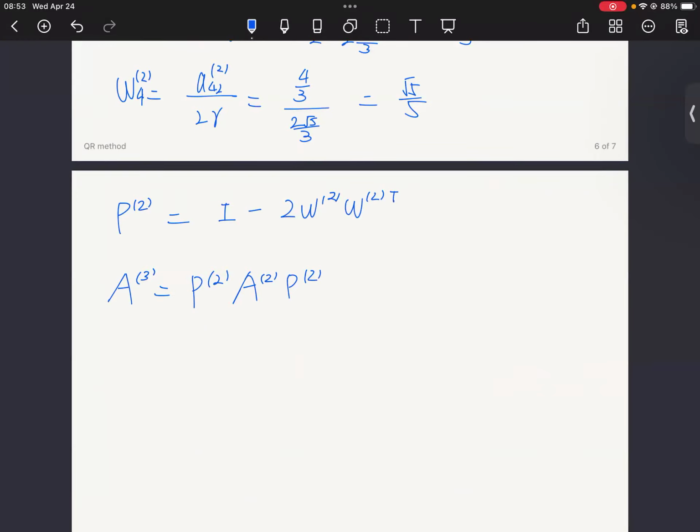I'm going to skip the calculation here, but at the end you would get such a matrix after the calculation, -3, 10/3. I just show you the final result, and you will see how the Householder transformations transform a matrix into a tridiagonal one.